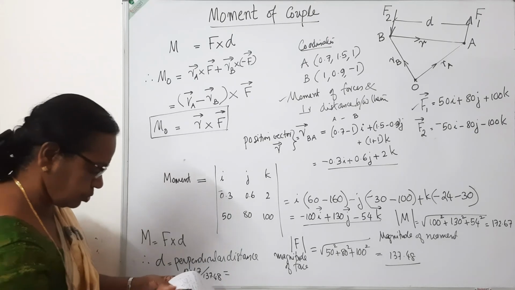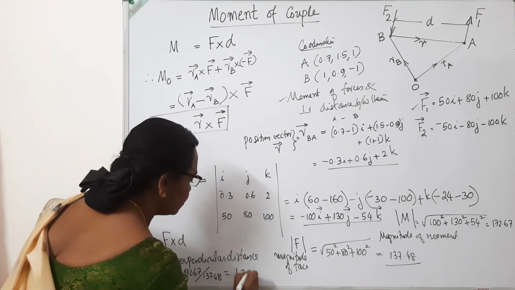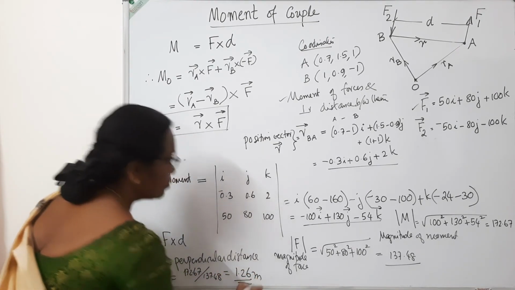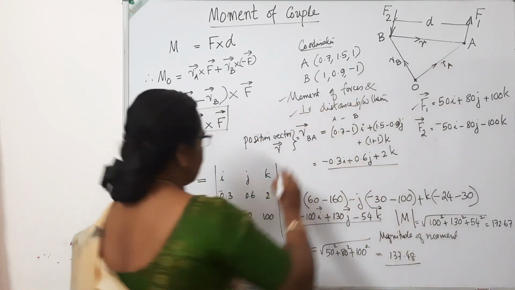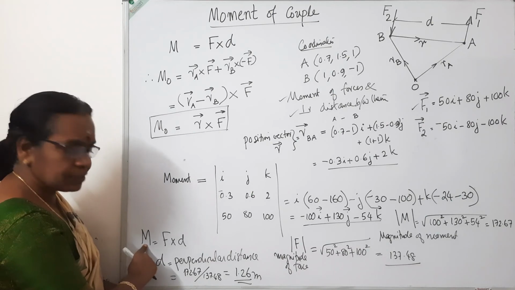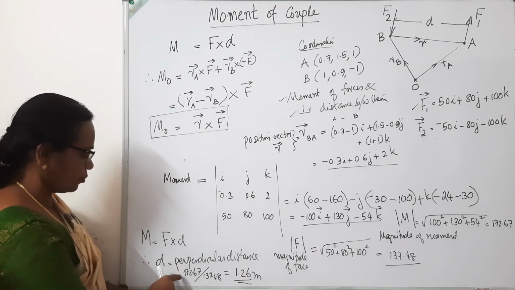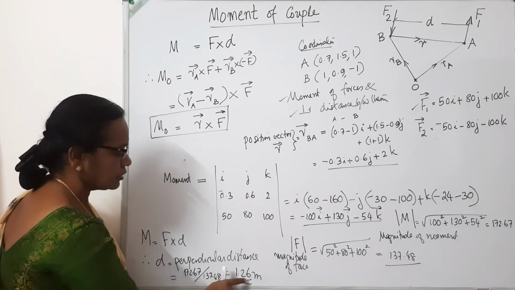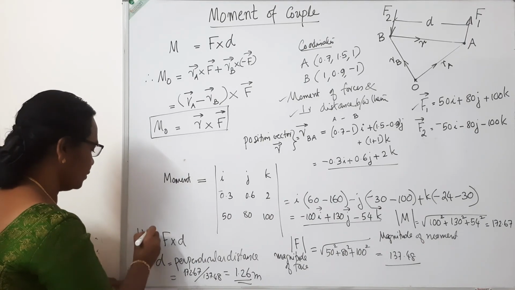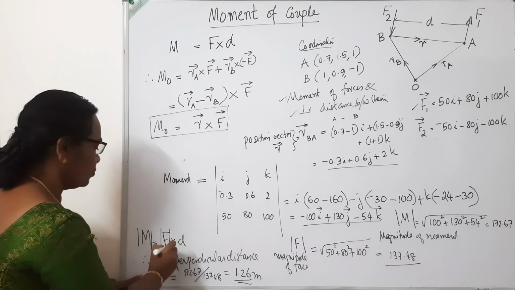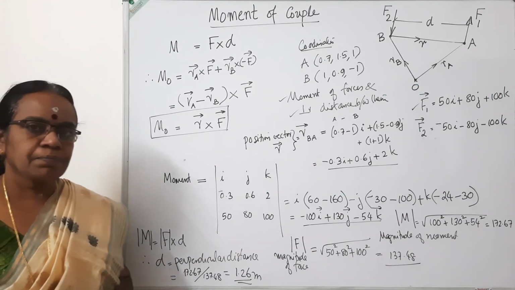It works out to 1.26 meter. So the perpendicular distance between the two forces F1 and F2 is the magnitude of moment divided by the magnitude of the force, 172.67 by 137.48, that is 1.26 meter. The magnitude of moment is equal to magnitude of force into distance.